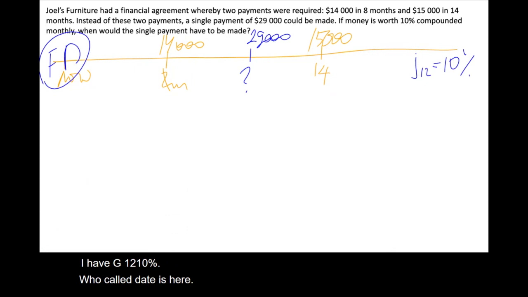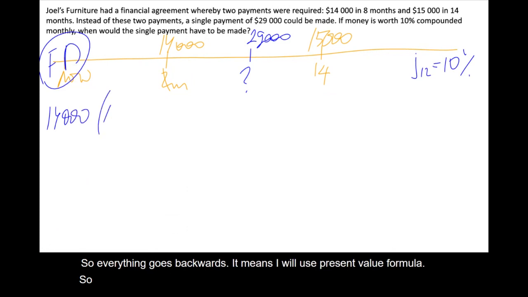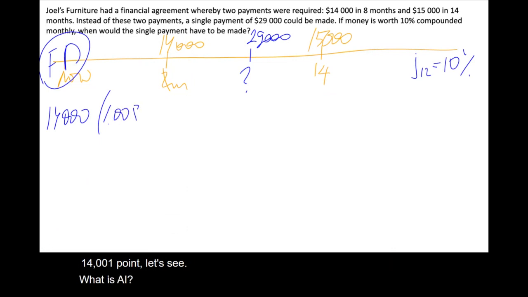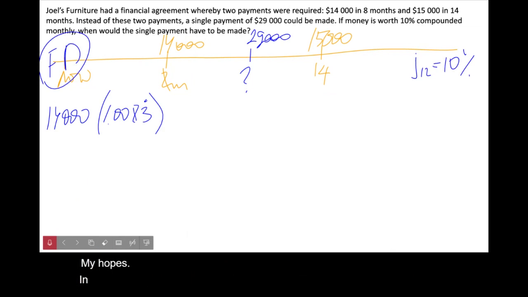So everything goes backwards. It means I will use the present value formula. So 14,000, 1 point, let's see, what is i? 0083 in period, minus, oops, this minus is too low, it has to be an exponent, right?